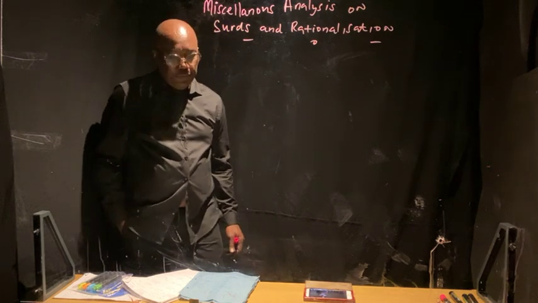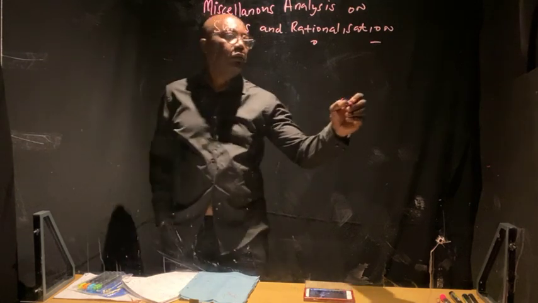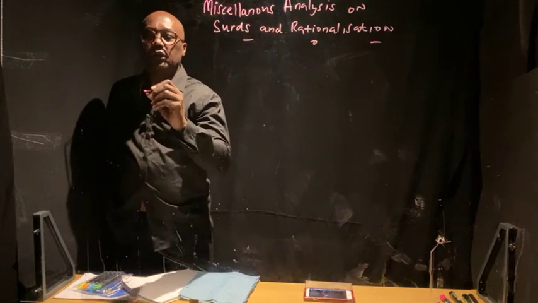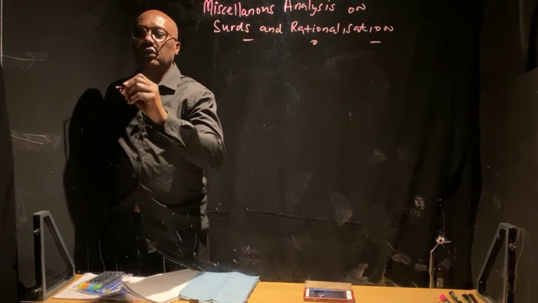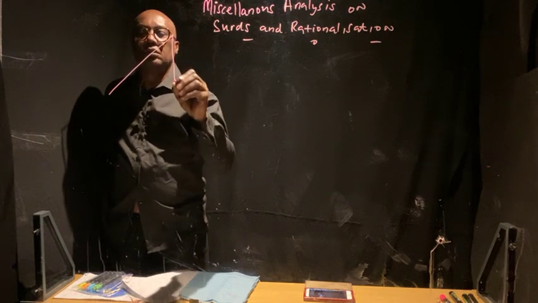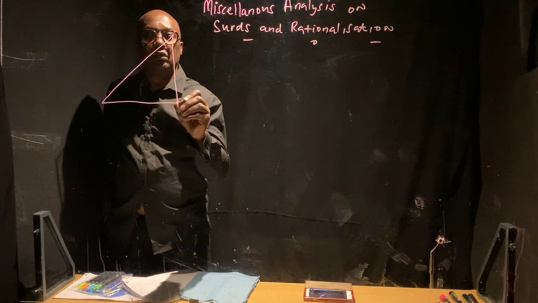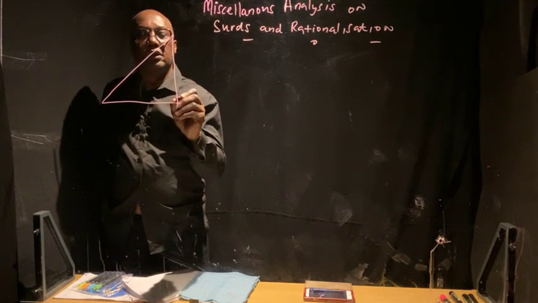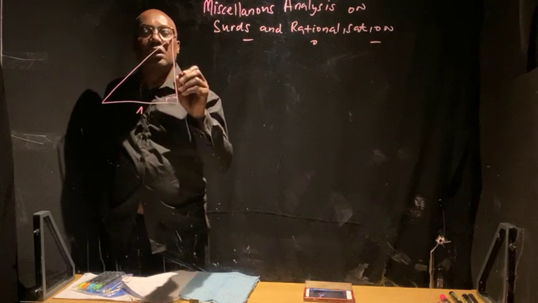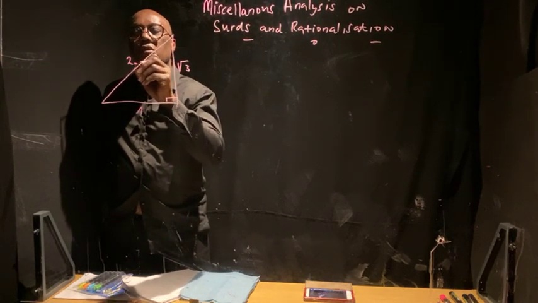For instance, here's a triangle, a right angle triangle. And here's 1, here's root 3, and here is 2.